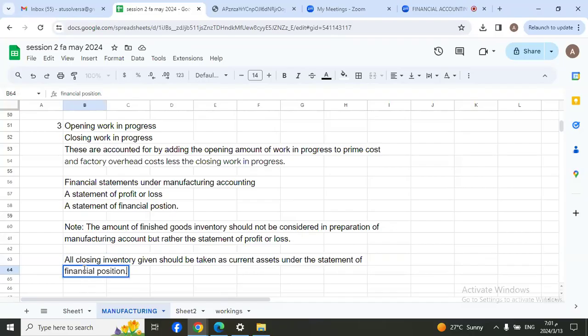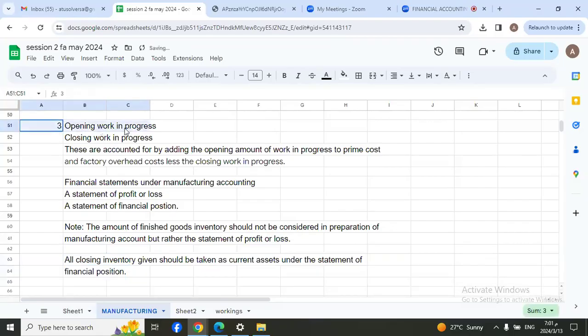So that is all about manufacturing accounting under manufacturing type of business.